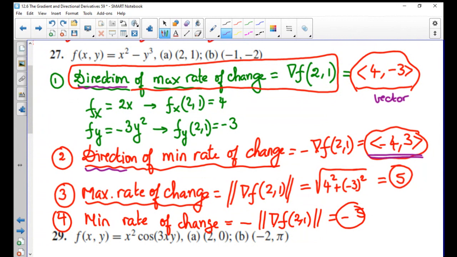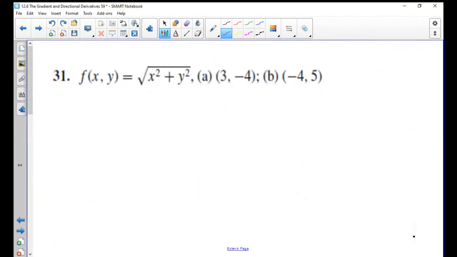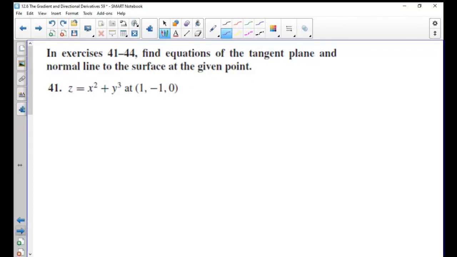So maximum rate of change is the magnitude of the vectors that you found over there. So please be careful about these things. You need to pay attention to what they're asking you to find. Okay. So all of this is really not very difficult. If you focus, you concentrate, it's going to be fairly simple.